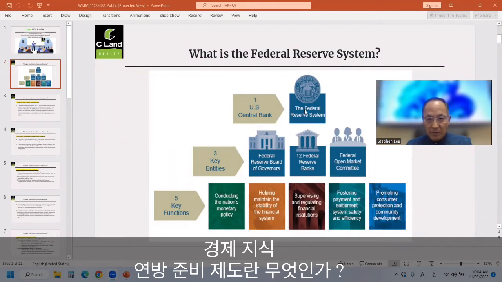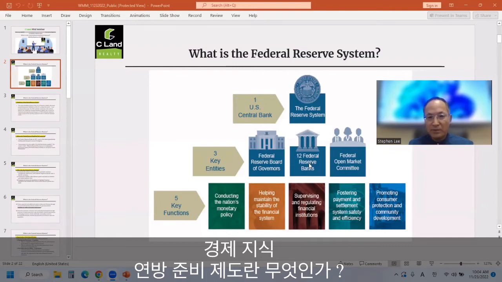Under this Federal Reserve System, there are three different entities. The first entity is the Federal Reserve Board of Governors. It's like board members, a directors meeting, sort of. We call it the Federal Reserve Board of Governors. And also, there are 12 different Federal Reserve banks. This is the actual bank system.